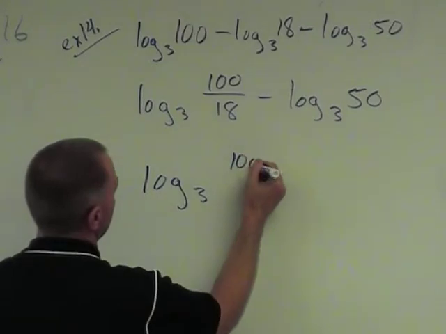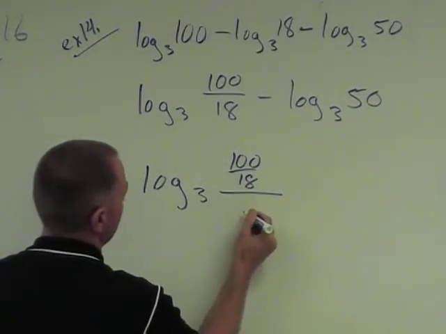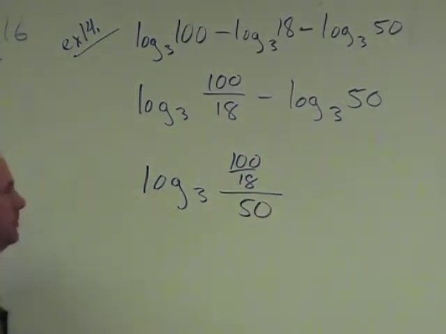All right. So now we have a complex fraction, 100 over 18 divided by 50. How do you get rid of a fraction inside of a fraction? Cry doesn't get it done, and it just makes you feel worse.